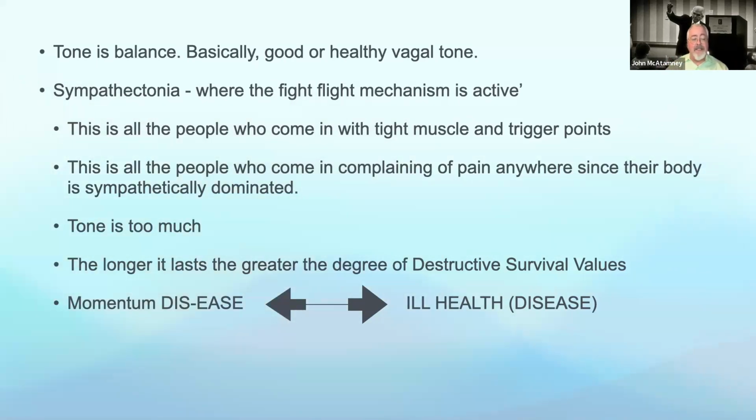So dis-ease can go to ill health or disease, or it can move into higher and higher levels of adaptation. Basically, health expressed. Momentum, sympathetic tonia, momentum. This momentum is part of tone.